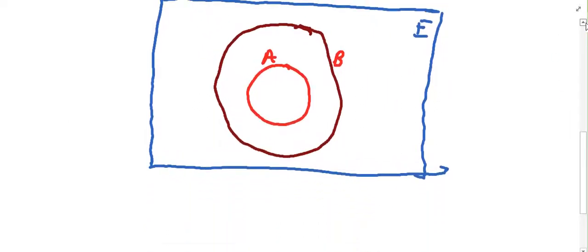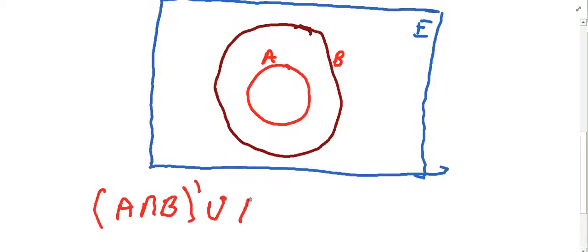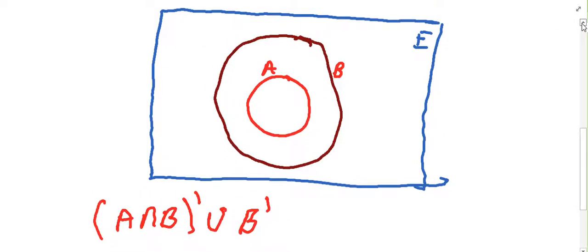So the first one, as I've said, is A intersection B, and then complement, union B complement. Okay, so what are we trying to achieve here?